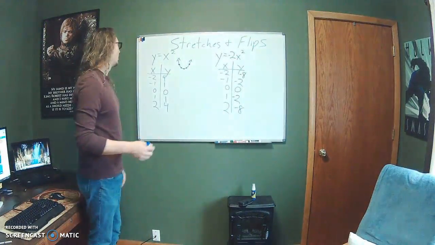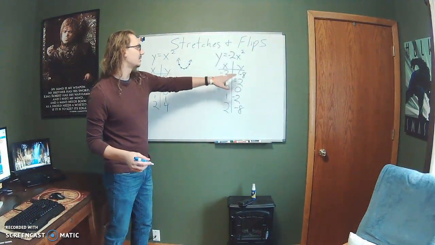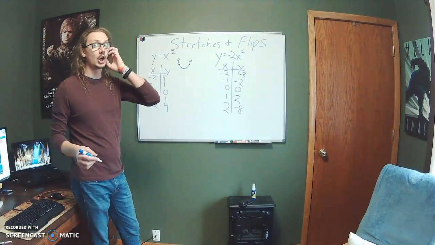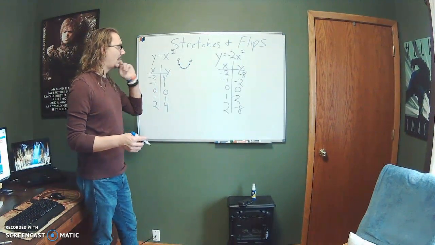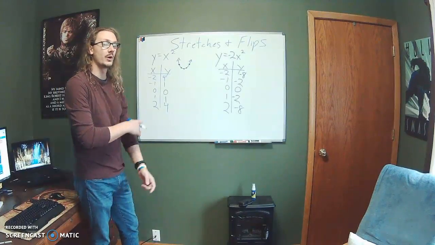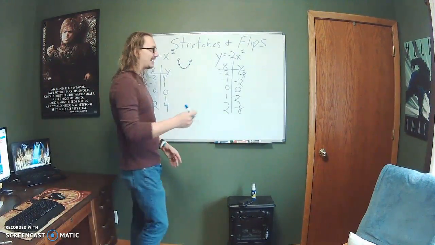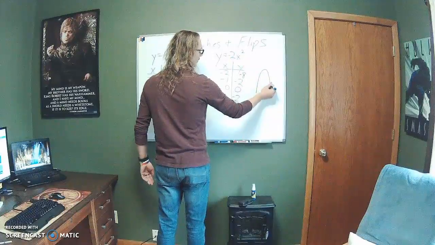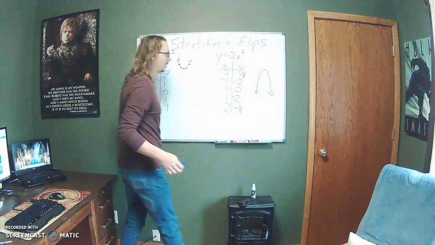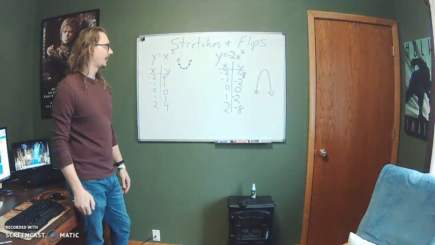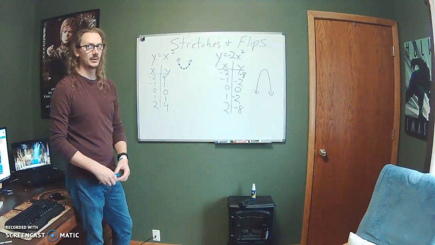Okay? So notice, we're still going faster because the absolute values are larger, like 8 is bigger than 4. But it's going to be going down. So now our graph is going to look like that. All right? It's going to look a little bit different.